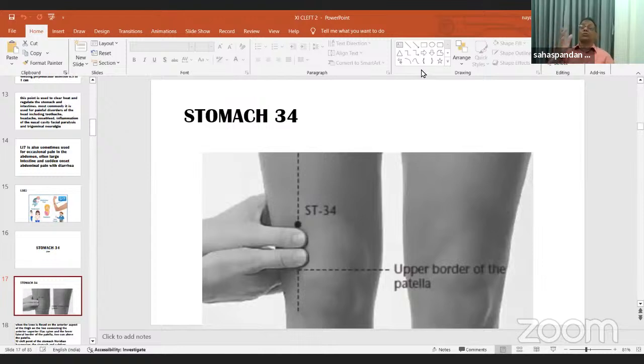It is also used for acute swelling in and around the breast. The stomach meridian passes through the breast.